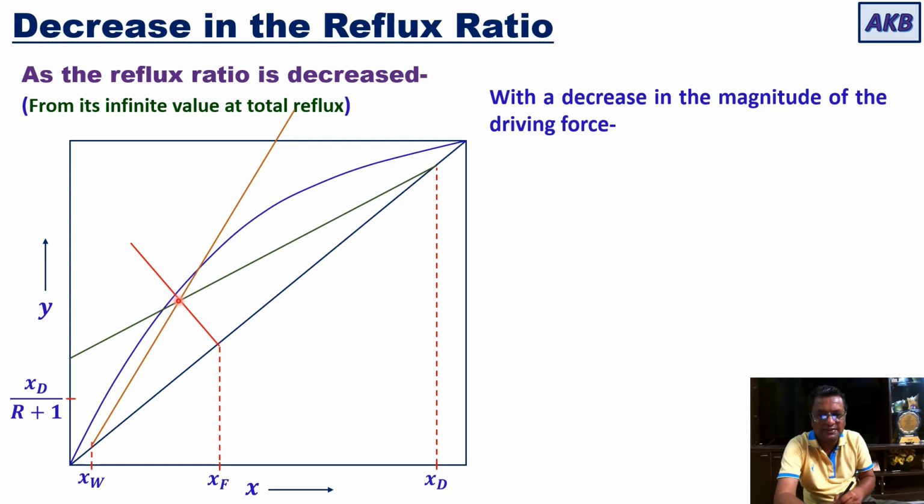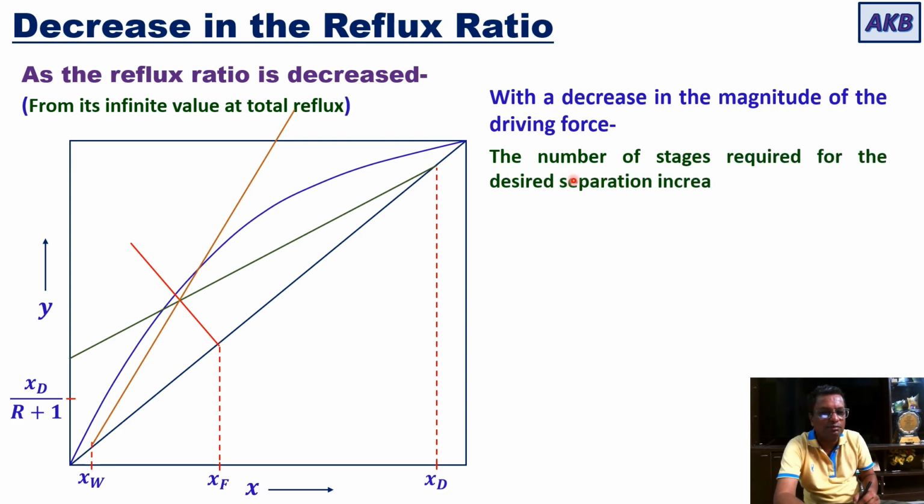And this distance gives you the magnitude of the driving force required for mass transfer. If the intersection point is moving closer to the equilibrium curve, this distance is decreasing. That means the magnitude of the driving force for mass transfer is decreasing, and therefore you need a higher number of stages to bring about the desired separation. So with a decrease in the magnitude of the driving force, the number of stages required for the desired separation increases. And therefore, a taller column will be required to accommodate those increased number of stages.